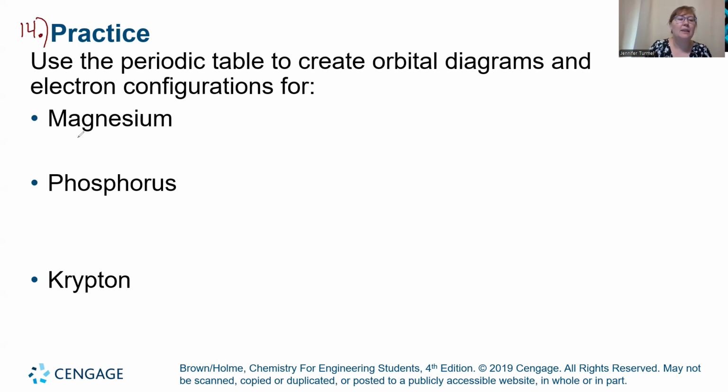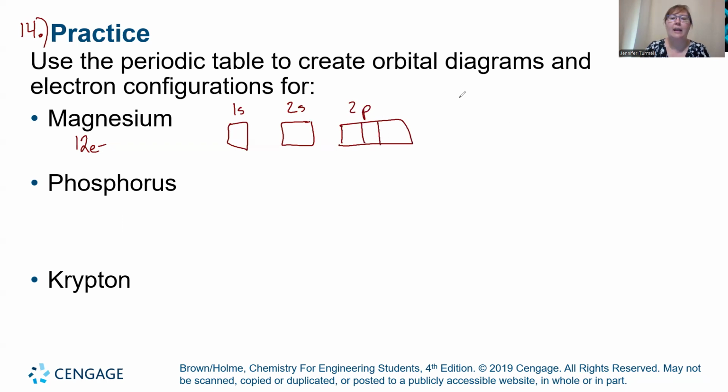Now, magnesium has 12 electrons on your periodic table. And so we'll have 1s and 2s and 2p. And remember, there are 3 orbitals for 2p, and then 3s. Okay, now let's start placing our electrons. And I'm just going to use half arrows here because it's quicker.